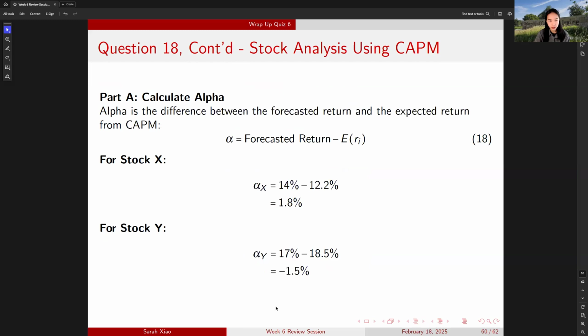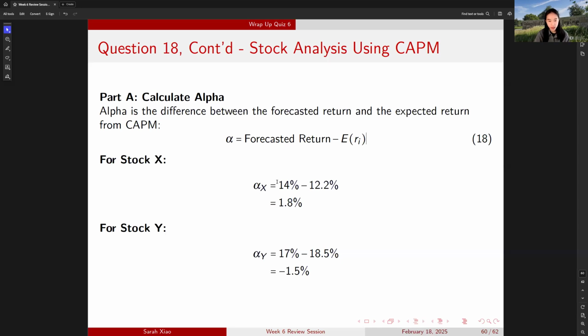And next, we want to calculate alpha. So alpha is the difference between the forecasted return and the expected return from CAPM. So it equals the forecast return minus the expected return here.